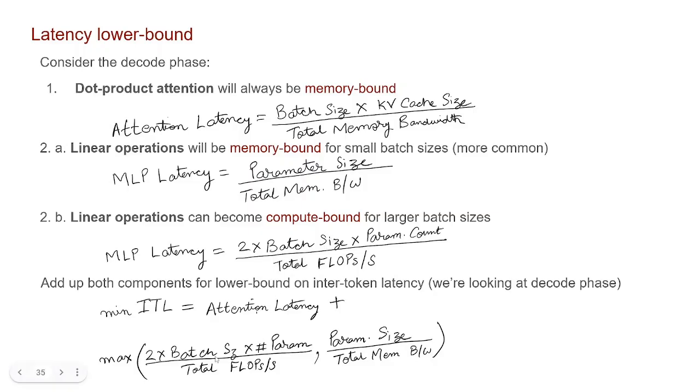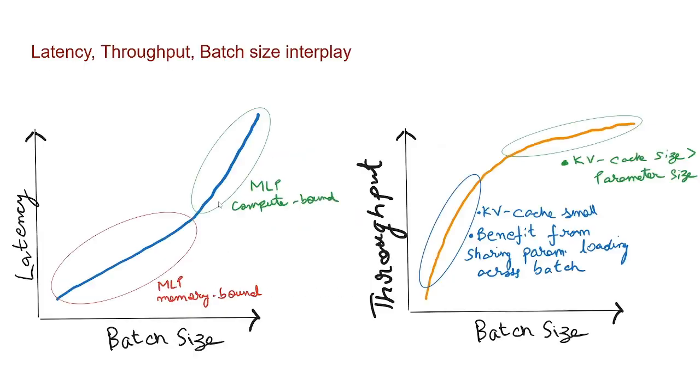For larger batch sizes, when the linear operator becomes compute bound, this slope gets added to the linear dependency on the batch size. So in effect, the latency always increases with batch size, but it increases more sharply at higher batch sizes. So here MLP is memory bound, and here MLP is compute bound.